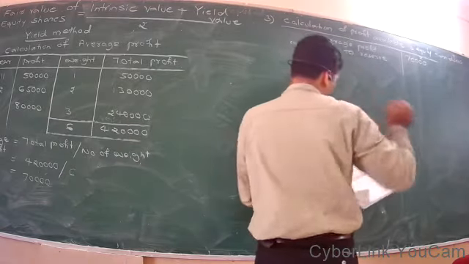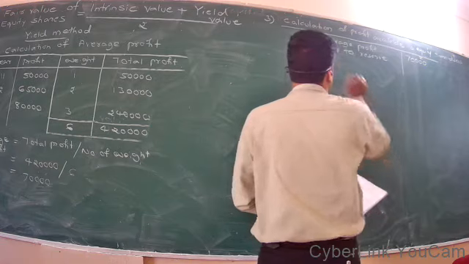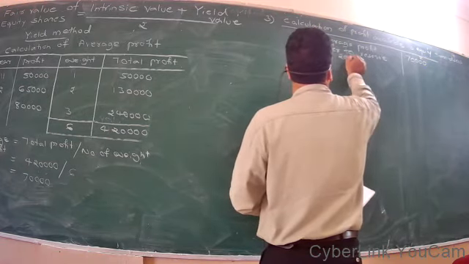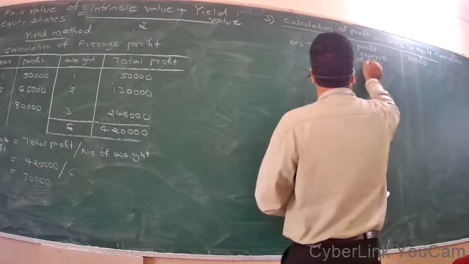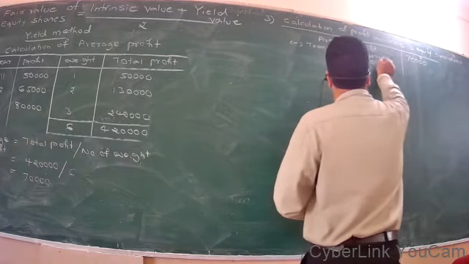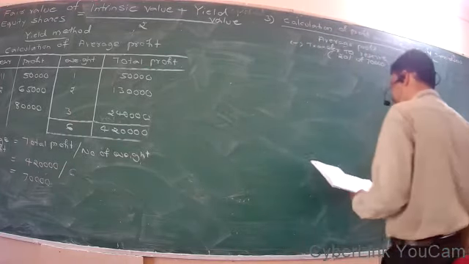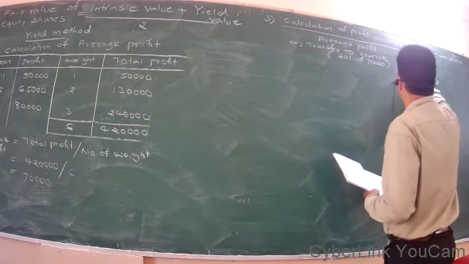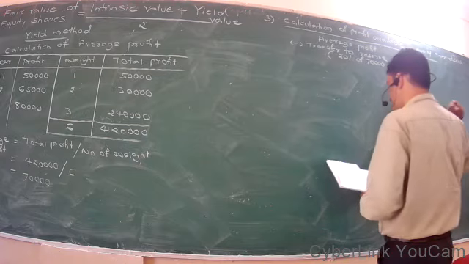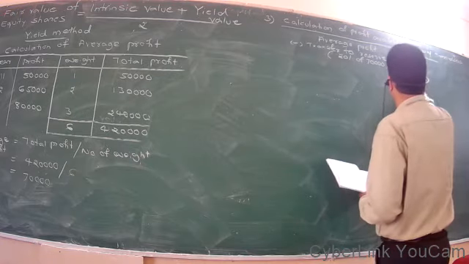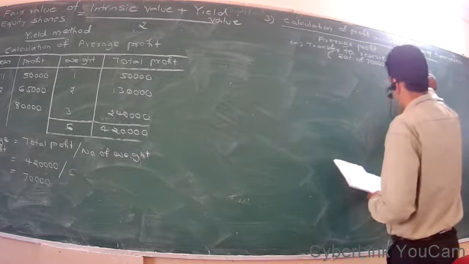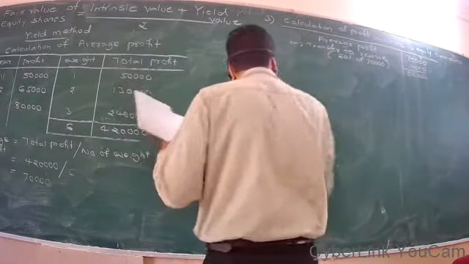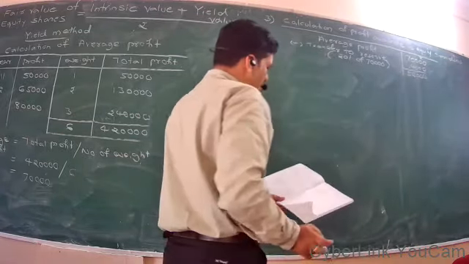It is given in the problem as 20%. So 20% of 70,000 is 14,000. So the balance is 56,000. 56,000 is the profit available to equity shareholders.